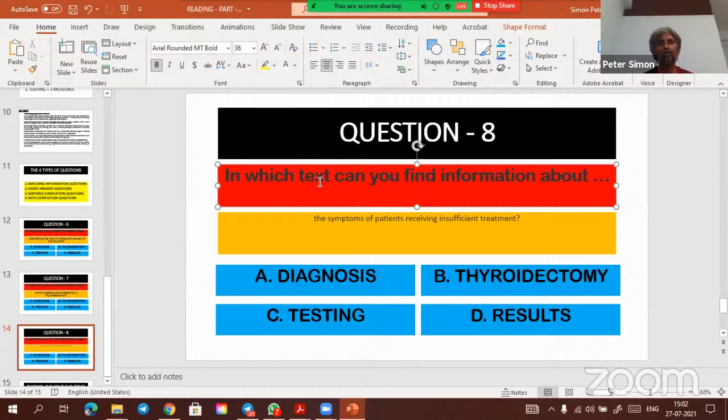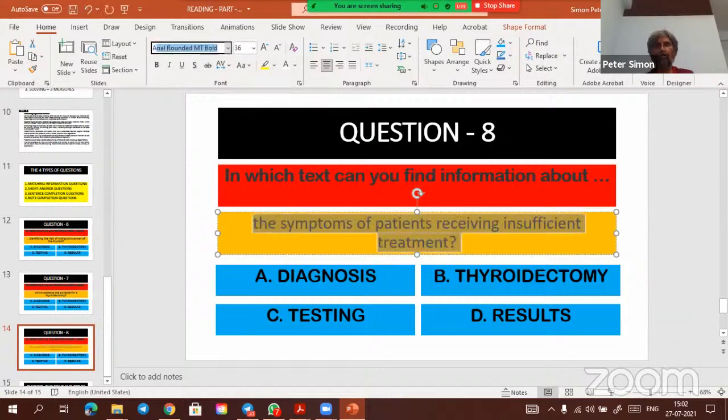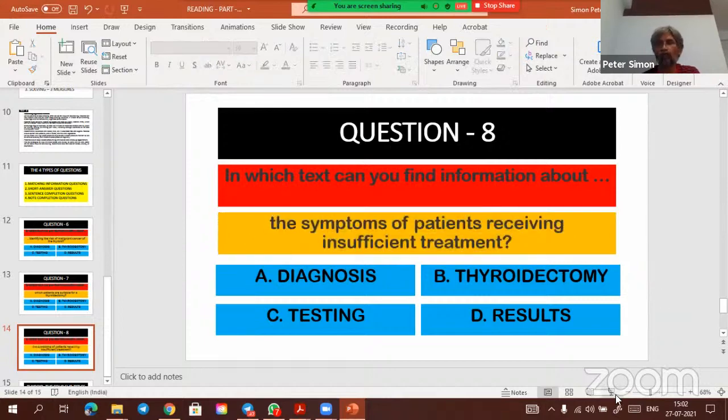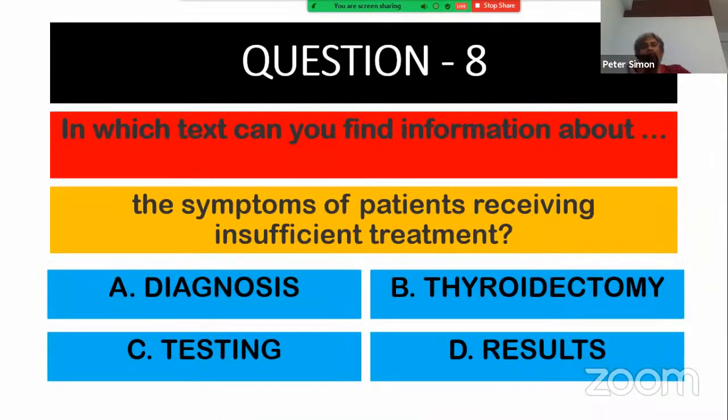This is 36, and A. Now you see here. In which text can you find information about the symptoms of patients receiving insufficient treatment?